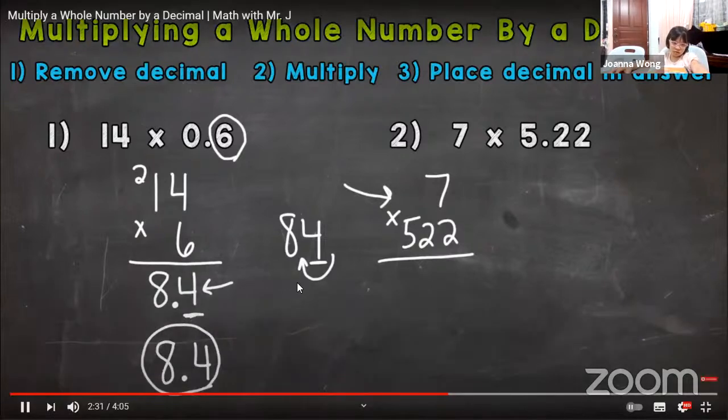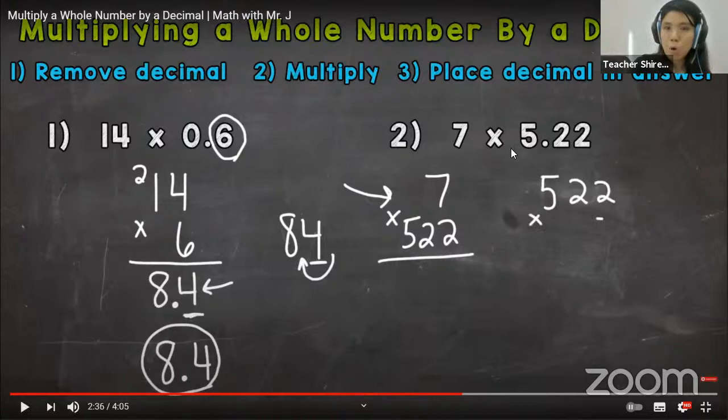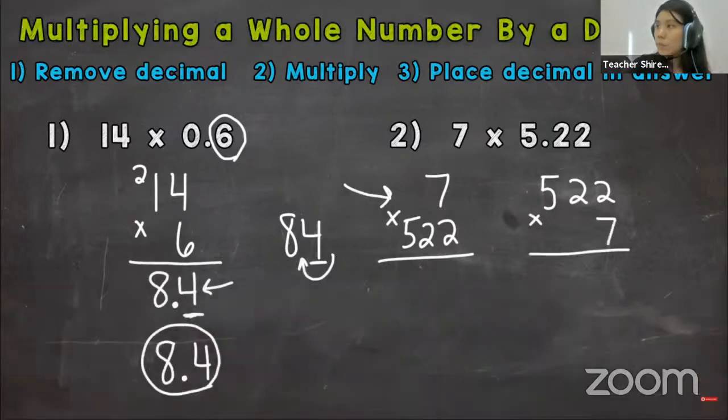So we can actually do 522 times 7. Remember, the number with more digits you put on top, less digits on the bottom. That's because multiplication is commutative. You'll get the same answer either way, 7 times 522 or 522 times 7.